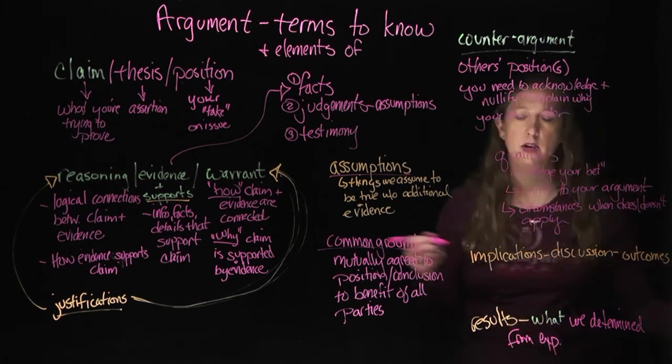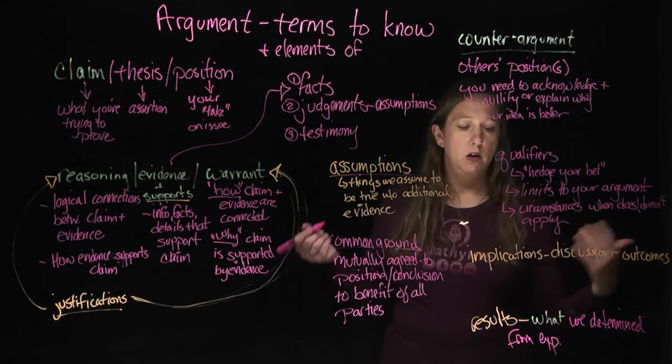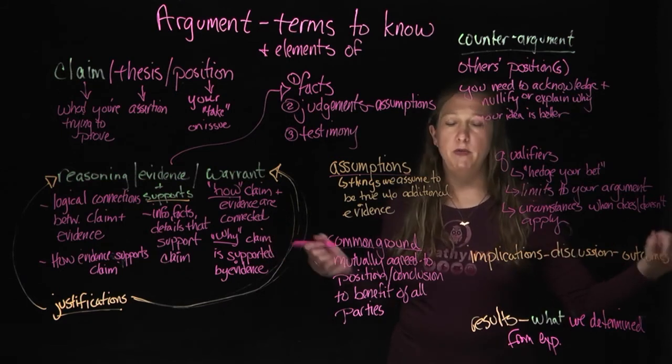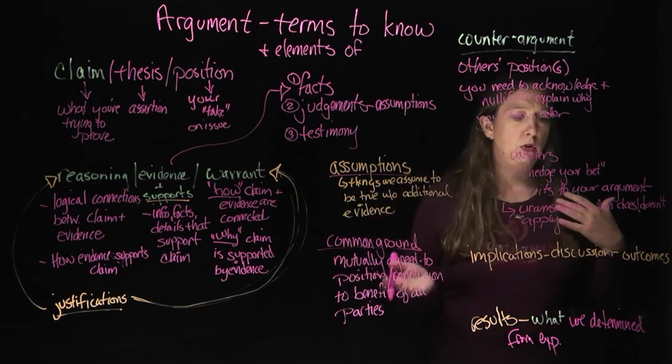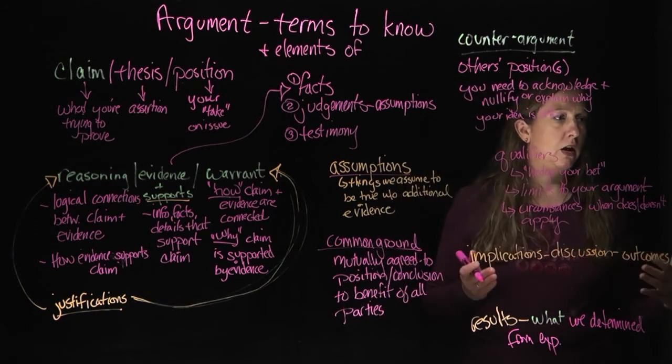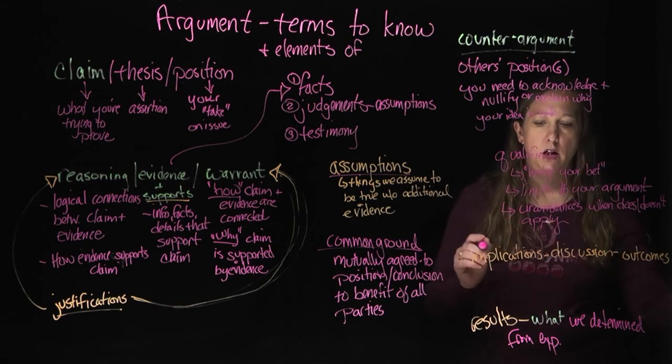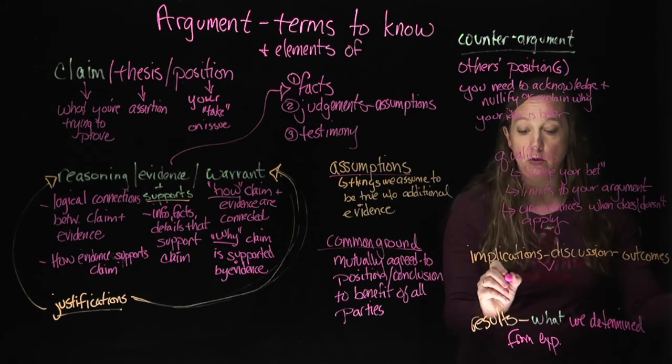I'm just going to put EXP. EXP means experiment. So these results are what we determined from our experiment. This is what we found out. That's our results. Now, implications, discussion, outcomes. These implications and discussion are the outcomes.